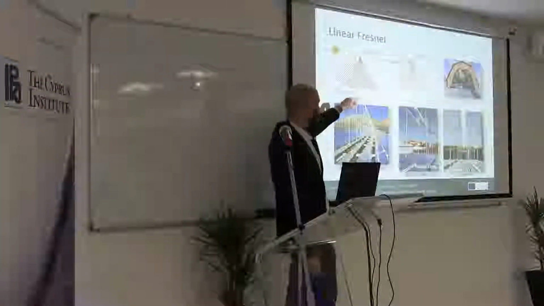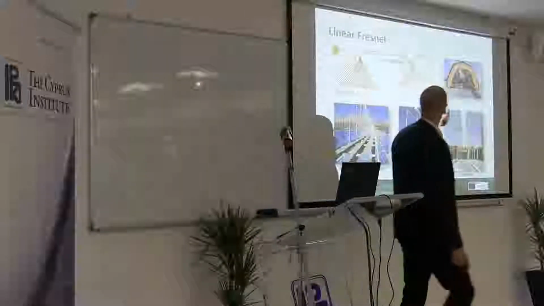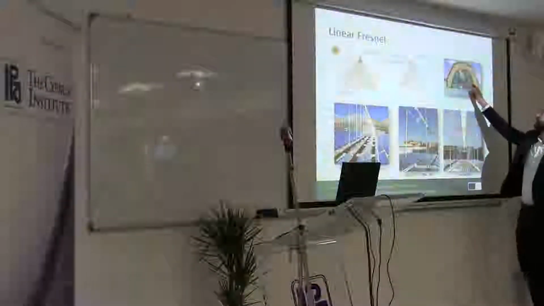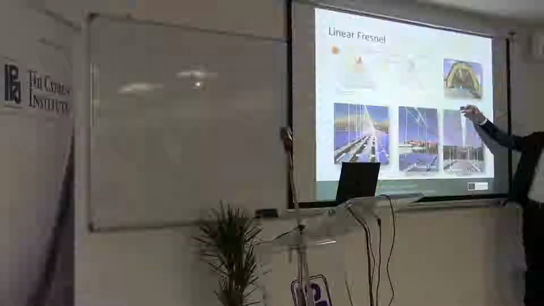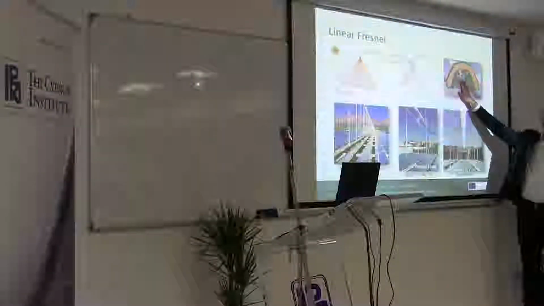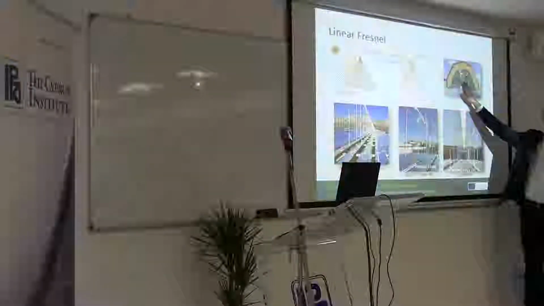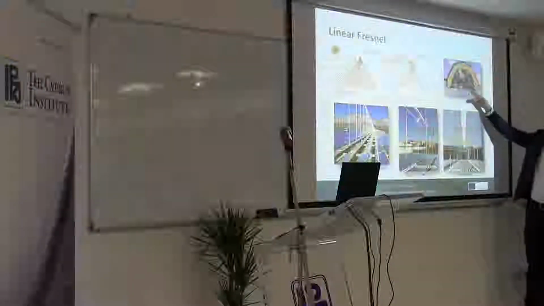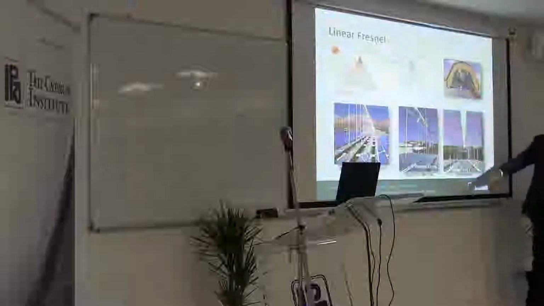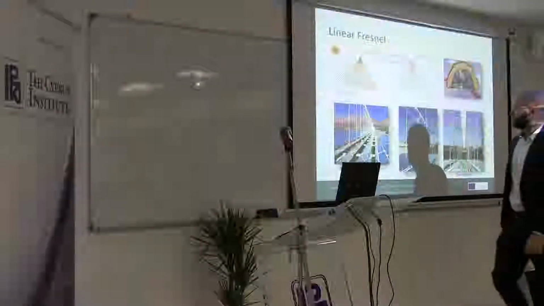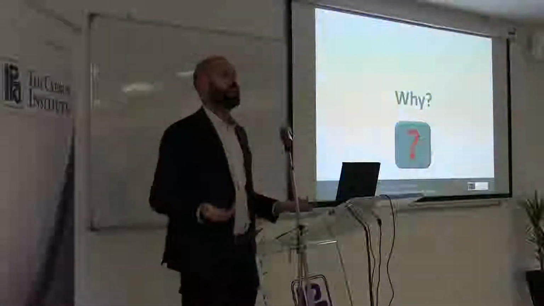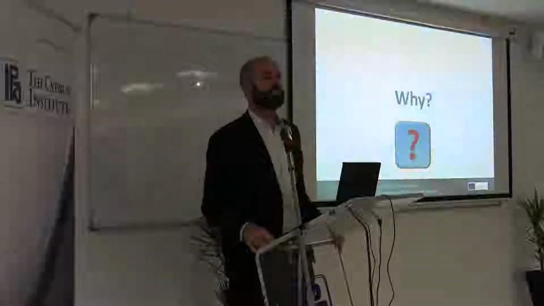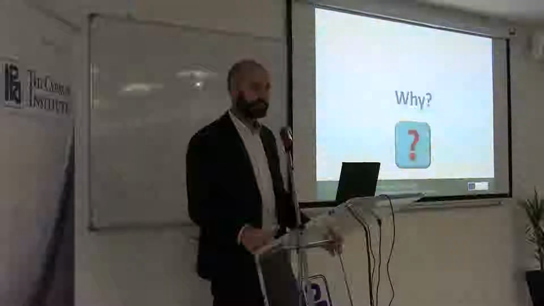The receiver is fixed, and usually the receiver is equipped with a secondary optics like this, which ensures that the radiation is collected on the tube and decreases the losses because of not perfect alignment with the tube as well. So this is how we collect and concentrate the radiation today.